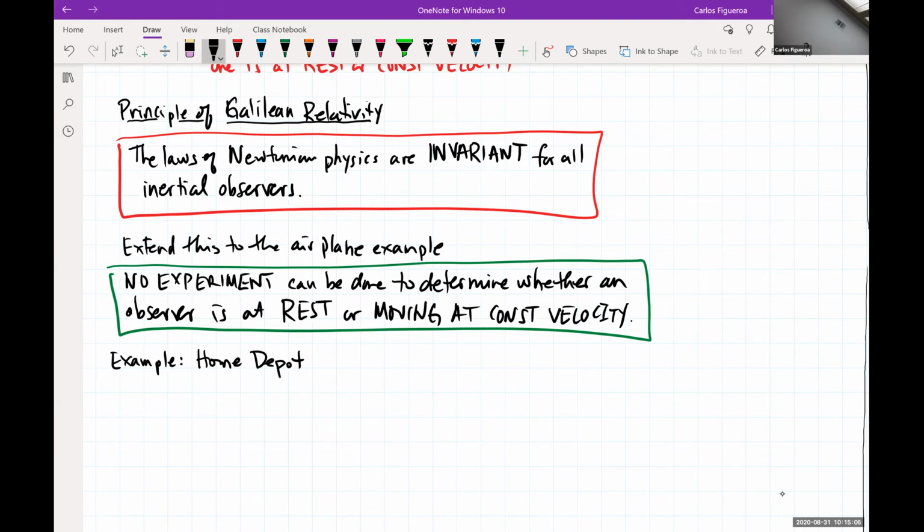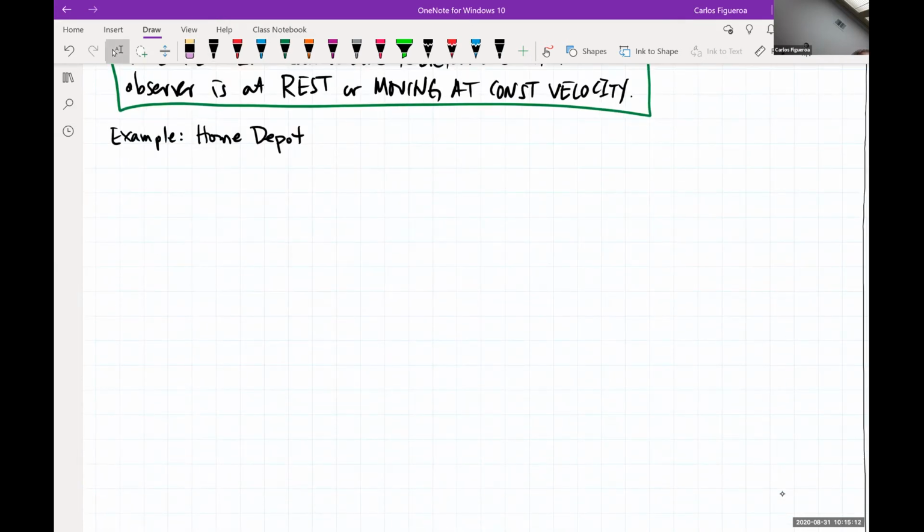So to stress this point, I want to do a good example. What I imagine here is two observers.